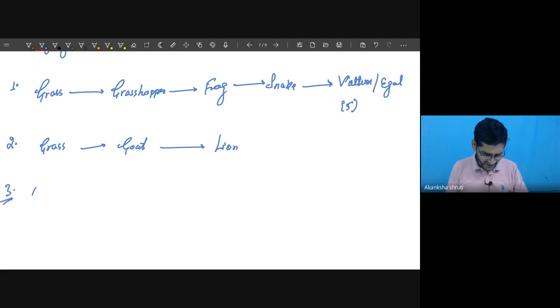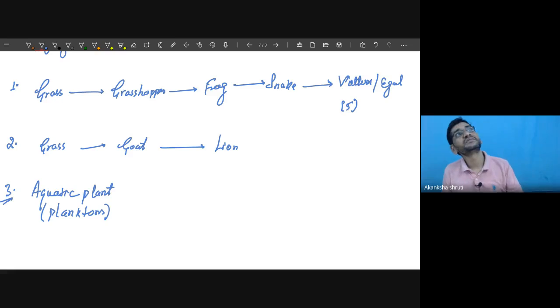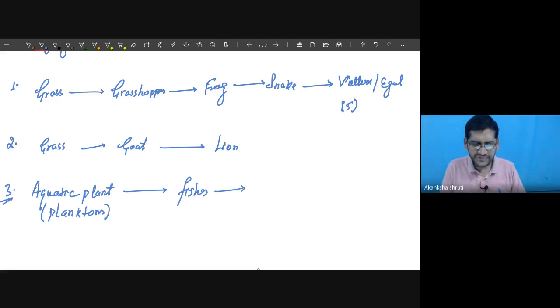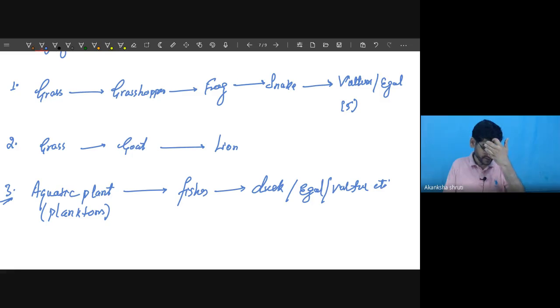So aquatic plants are called planktons. Then these planktons will go to where? Fishes. And these fishes are taken by whom? By the duck, or even the eagle, or even the vulture.